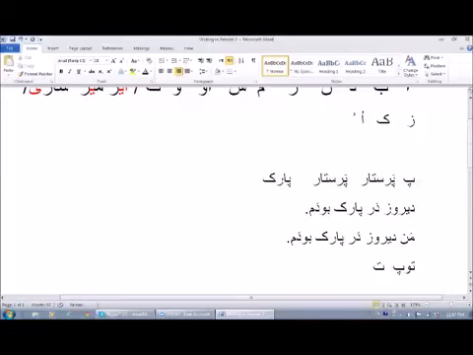Again, t, u, p, tup. Now, what about this one? Tup bazi. T, u, p, tup means ball. B, a, z, i, bazi means play. Tup bazi means to play with a ball or playing with a ball.